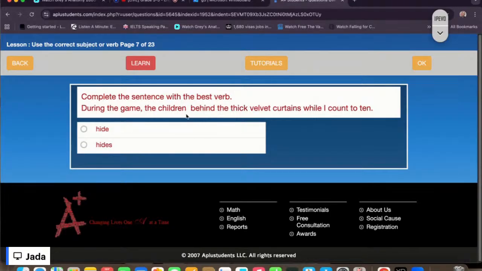So children is plural. So we have hide, rather, not with S.